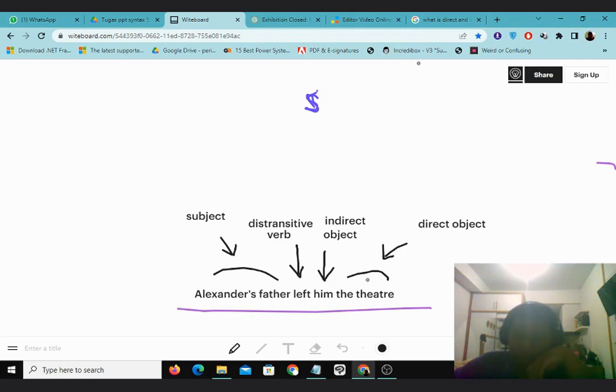And the reason why the theater is used as a direct object is that the theater received an action from this transitive verb, which is left. So the one who received the action is the theater.